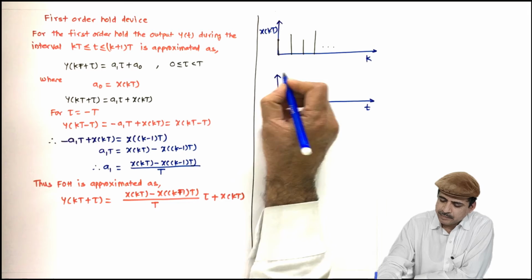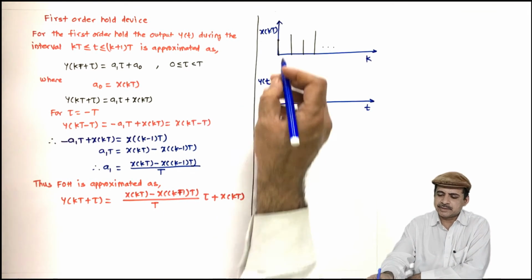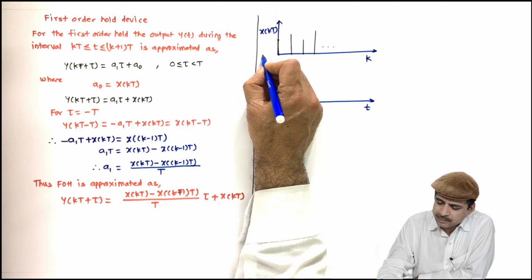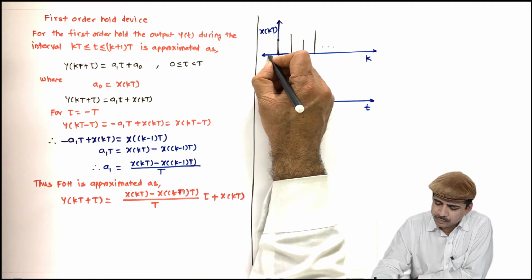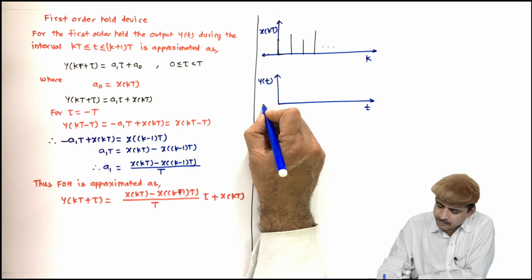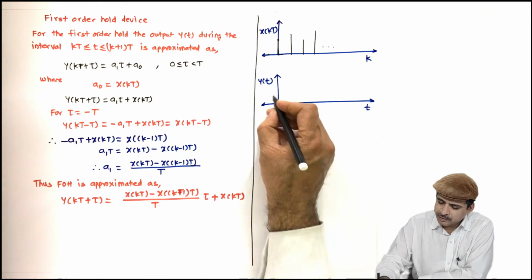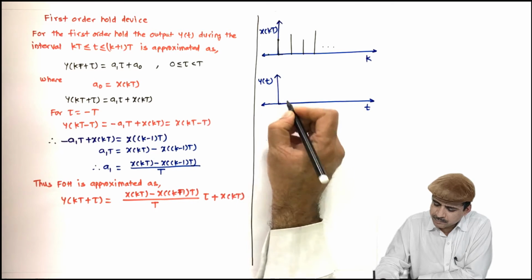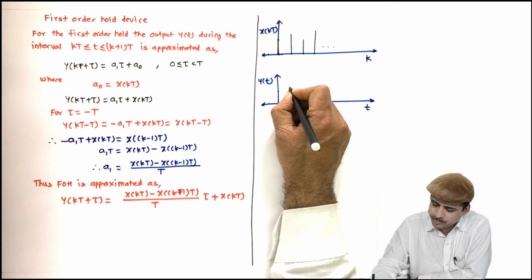It's t and y of t, and let us presume that the previous value is also available, and say it is at 0, for example. So this value comes here, then I have the value, I will just put the values at the appropriate instants.